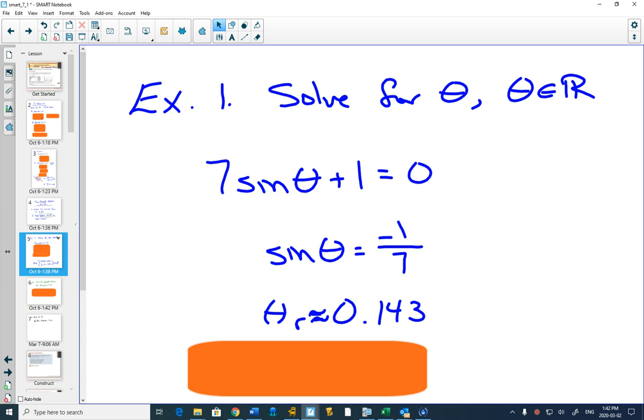And this is an example of a bad choice of numbers, but it's kind of fascinating because sine inverse of 1/7 is 0.143, and 1/7 is 0.1428, which rounds to 0.143. So they're very similar.